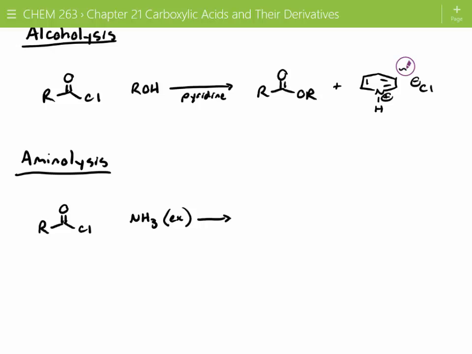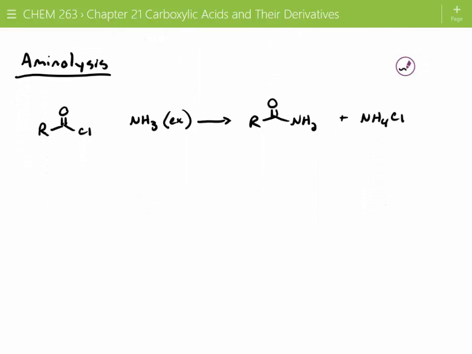Oh, it is a base too, right? So it's a base and a nucleophile, so it can not only do the nucleophilic attack, but it can also do the deprotonation. So if we do this, we can convert from an acid chloride to an amide. And we get ammonium chloride as our salt.